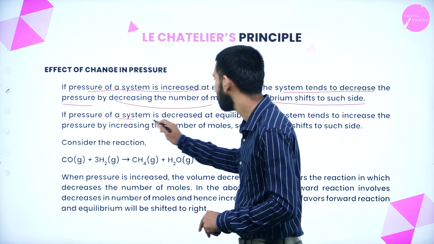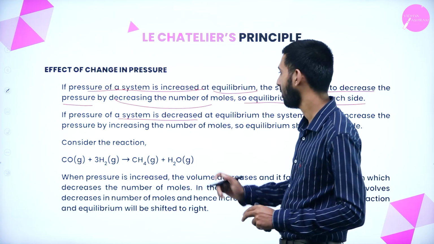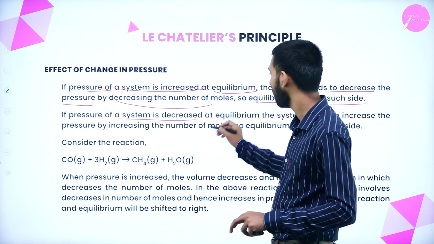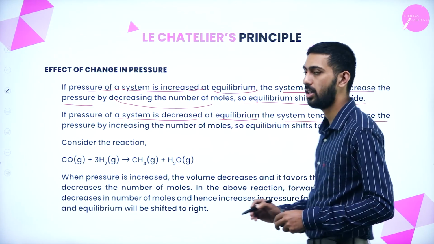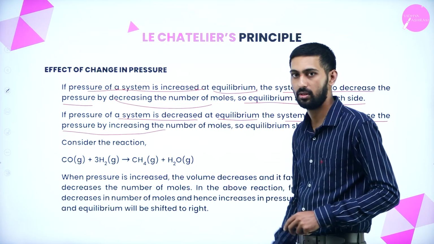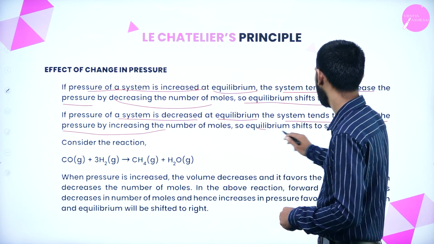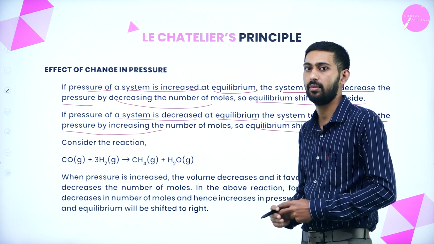If the pressure of the system is decreased, you can decrease it only when it is in equilibrium. Then the system tends to increase the pressure by increasing the number of moles. Then what will happen? Equilibrium shifts towards that side.